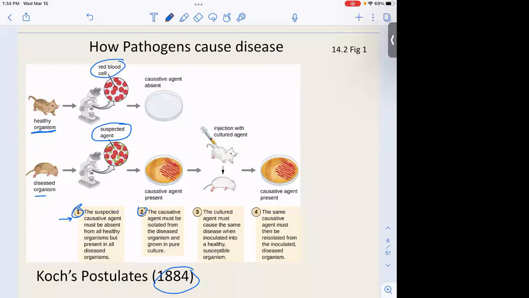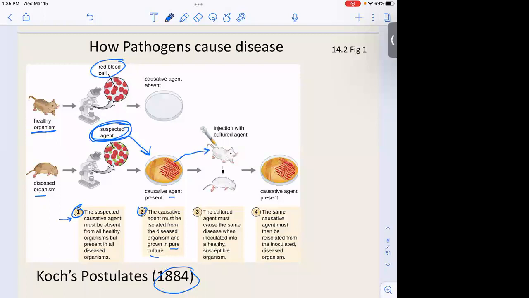But he then said you have to take that suspected agent and grow it in pure culture in the lab. That's another thing that is not as easy as it sounds. You have to figure out the right media and the right conditions to get it to grow. So you take that suspected agent that wasn't present in a healthy test animal, grow it up in pure culture, and then inject some of it into another lab animal.